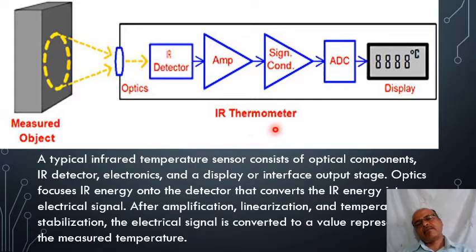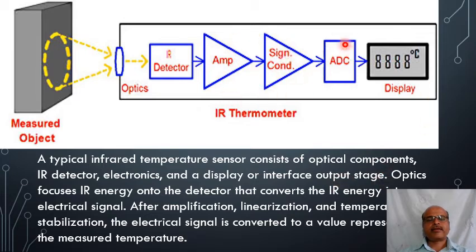The thermometer consists of these basic building blocks. A typical infrared temperature sensor consists of optical components, IR detectors, electronics, and a display or interface output stage.